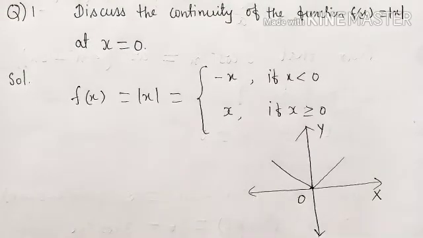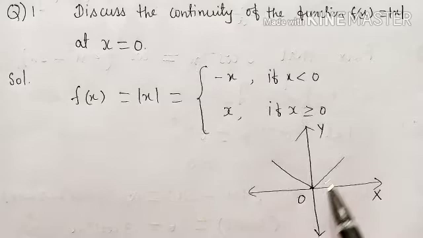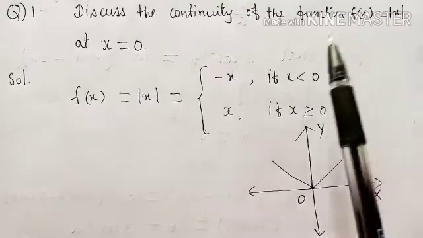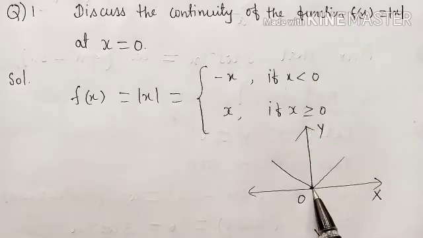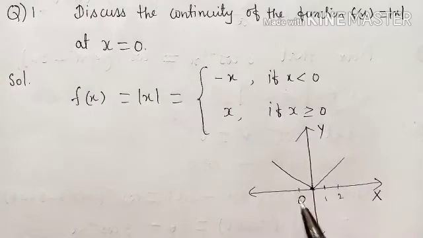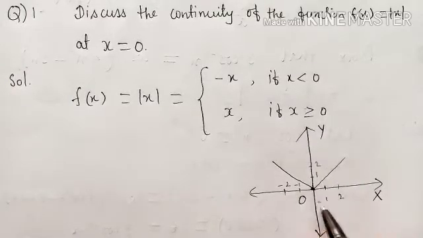You can see this is x-axis, this is y-axis, and this is the graph of mod x. You can see there is no breakage. So continuity means the graph having no breakage. It means from the graph you can say the function mod x is continuous at x is equal to 0. This is 0. Here are 1, 2, minus 1, minus 2, and above 1, 2, minus 1, minus 2.